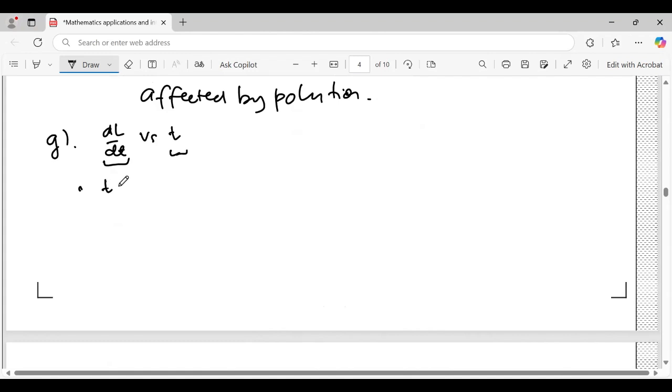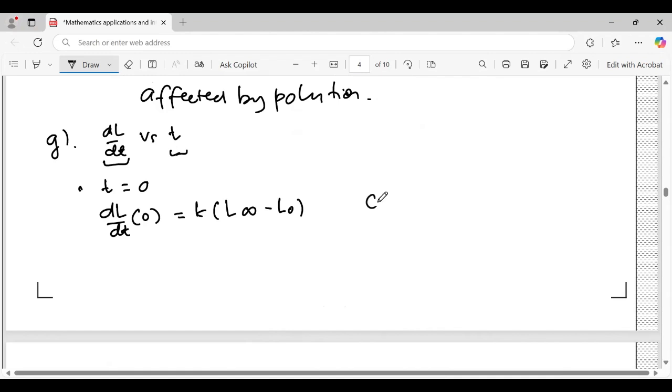When t equals 0, this is the initial length. So dL/dt is going to be k times L infinity minus L0.